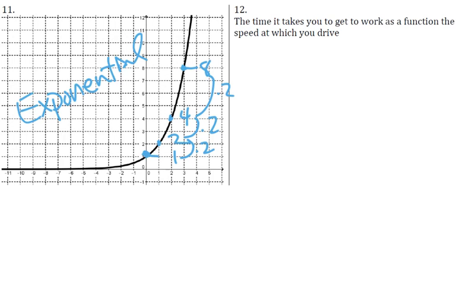Okay, number 12. The time it takes you to get to work as a function of the speed at which you drive. Okay, so this would be another one of those that you have to kind of make a function. So the time and speed.